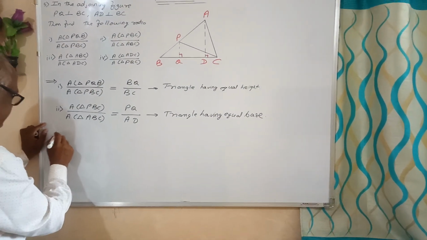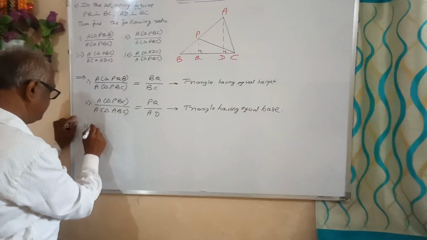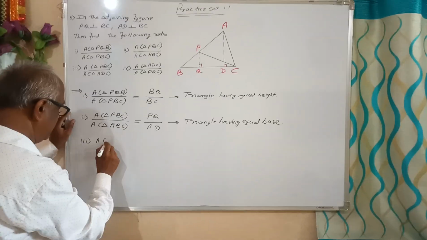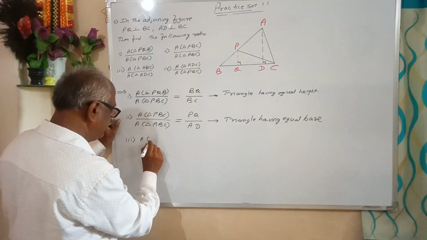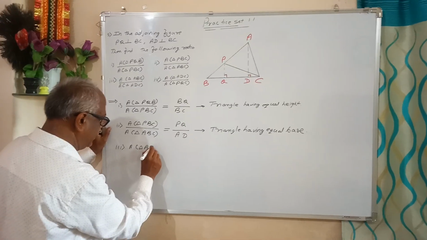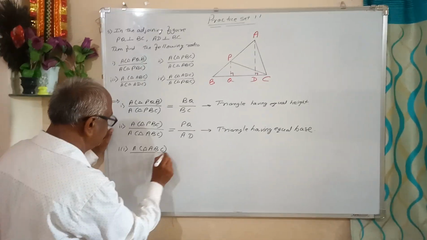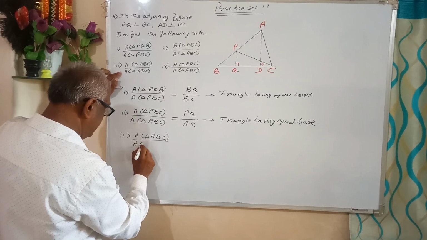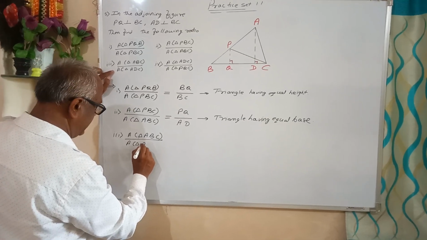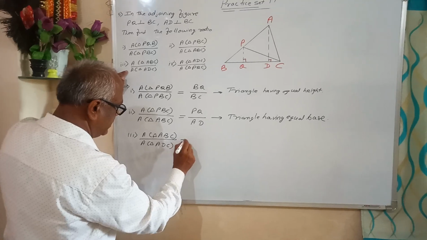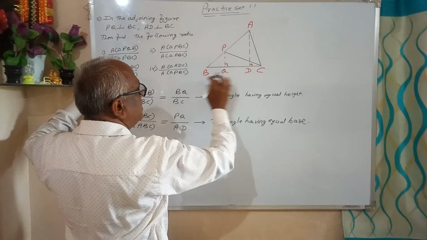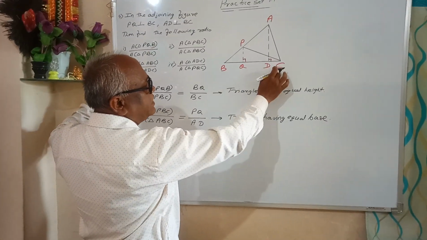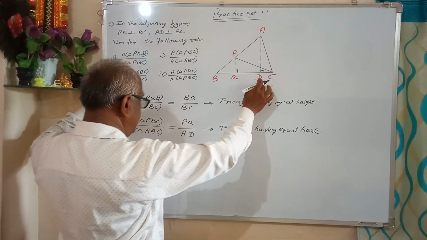Now third one. Area of triangle ABC upon area of triangle ADC. Now here in ABC, BC is the base, AD is the height.